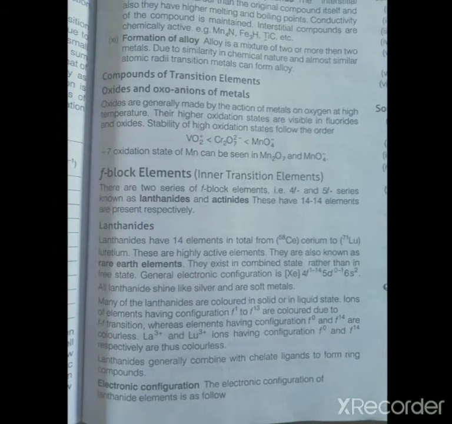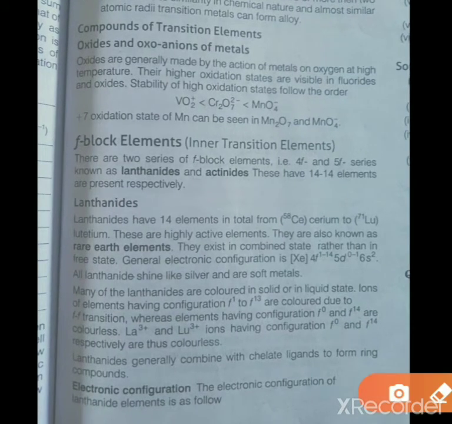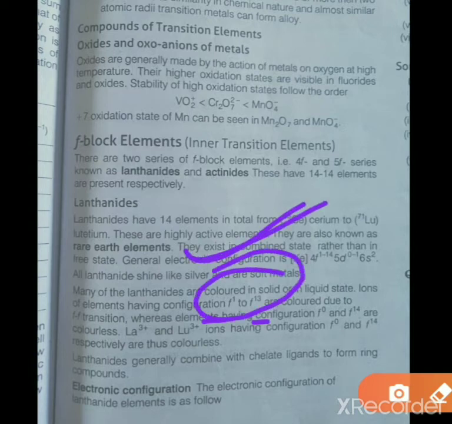Basically what happens, students, generally here you can see they range in configuration from f1 to f13. So elements having f1 to f13 configuration are colored because f-f transition can take place.